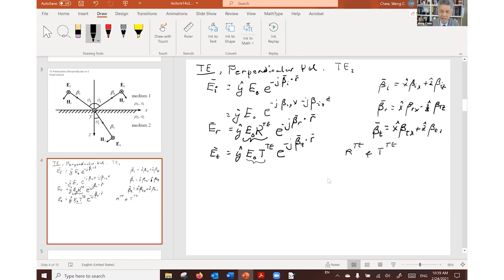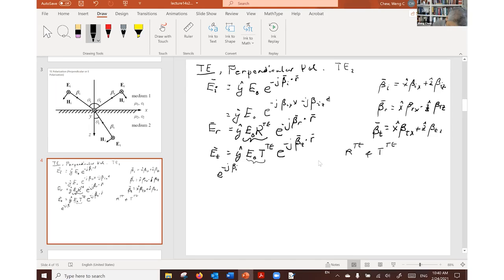And you can get that quite easily. You can put them down. You can make sure that this thing plus this thing, which is the total field in region 1, should be equal to that. So you can immediately see that the boundary condition should be 1 times this factor.